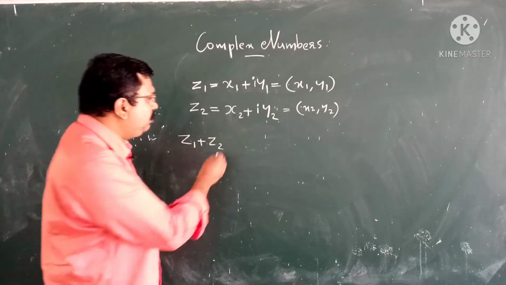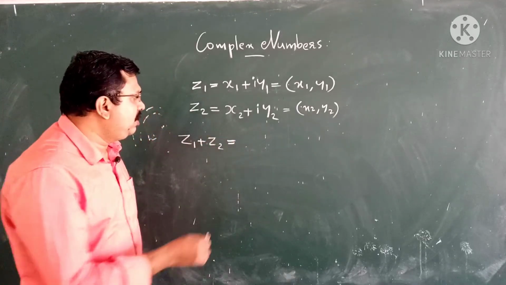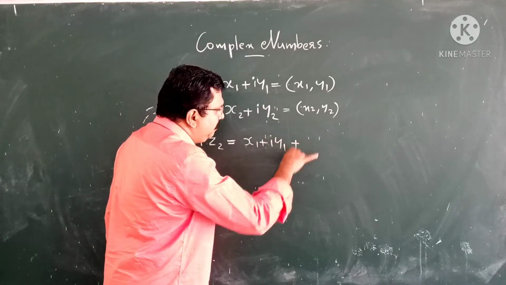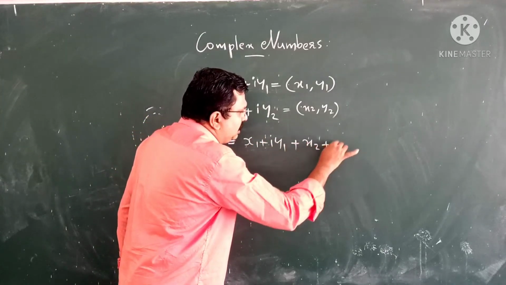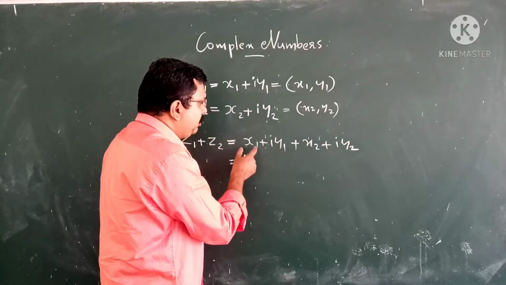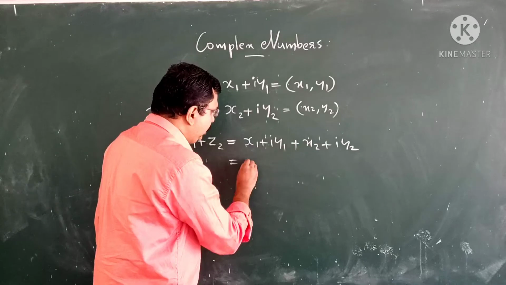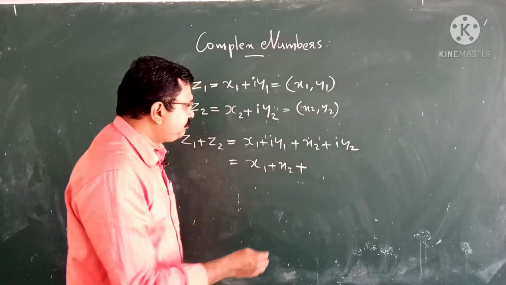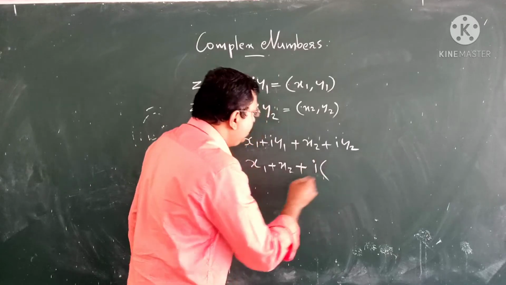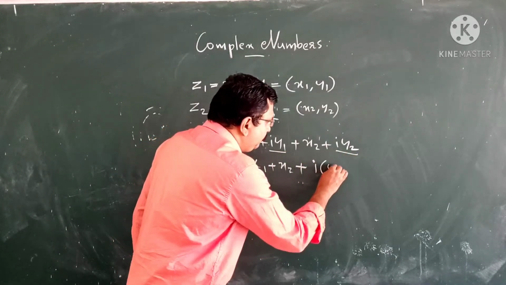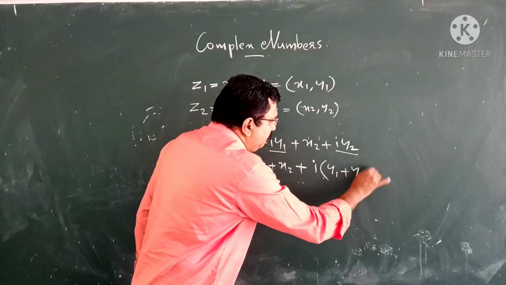How to find z1 plus z2? Very simple. x1 plus iy1 plus x2 plus iy2, that is equal to, we are grouping x1 and x2, x1 plus x2, plus i into y1 plus y2.